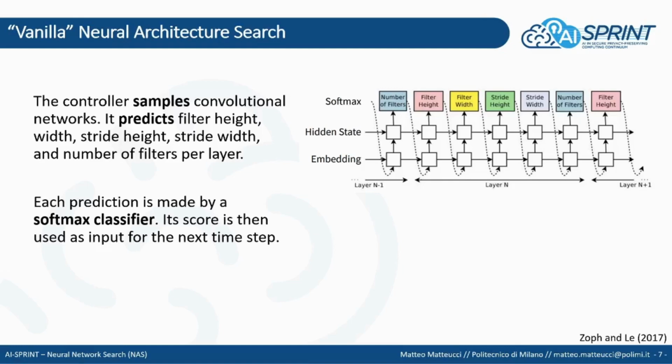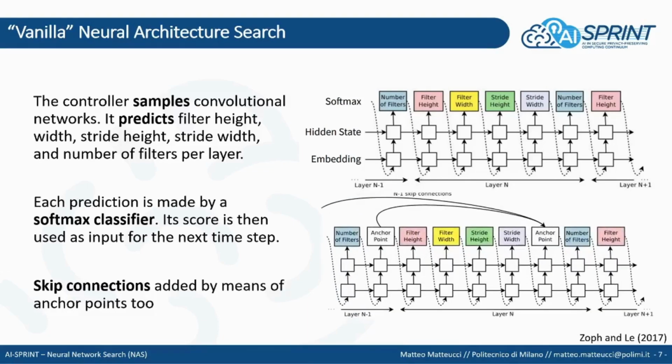The score will be used to improve the controller. With respect to the basic model, which just uses layers one after the other, the controller can also add skip connections. These skip connections improve the quality of the classifier.